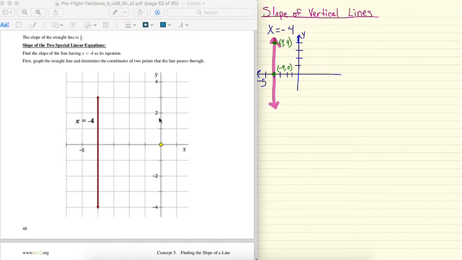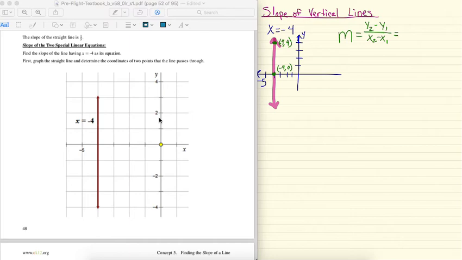Now, using my slope formula to calculate the slope, where I'm looking at my second y value minus my first, my second x value minus my first, you have to choose which point you want to be the first point and which one you want to be the second point.